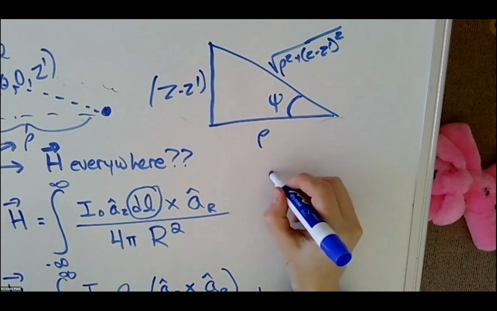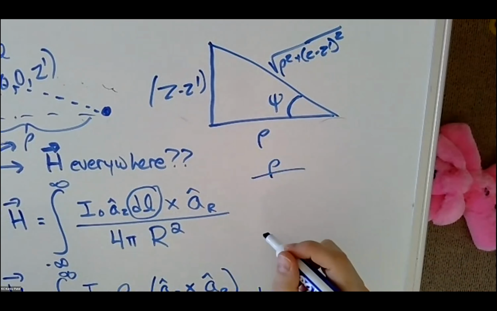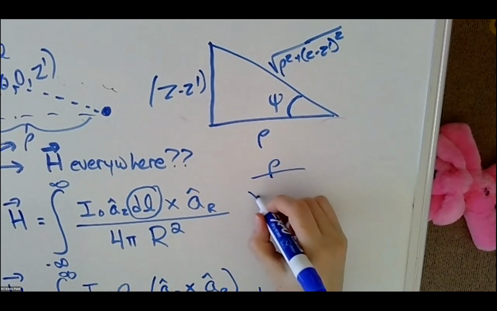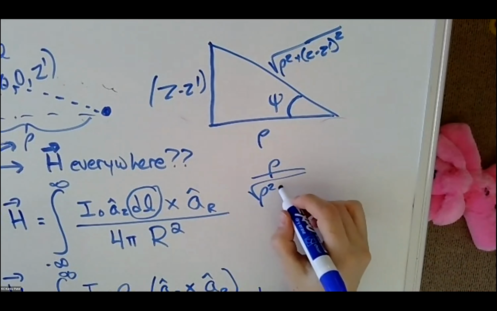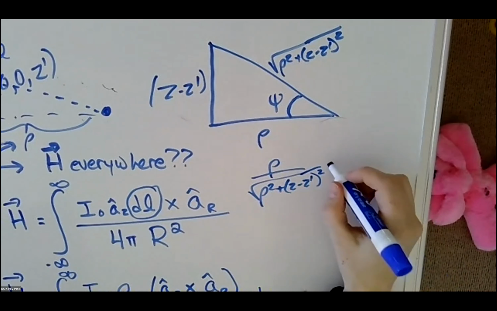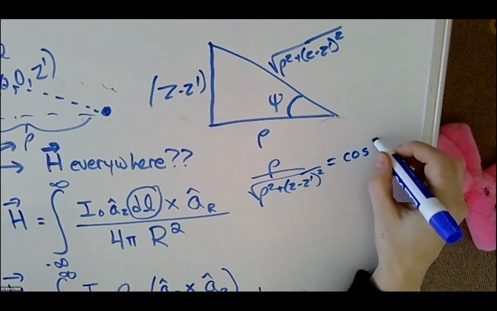Anyway, let's name this angle psi. Then I can write that rho divided by that square root stuff is cosine psi.